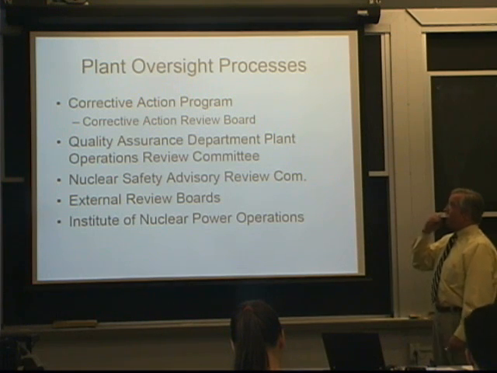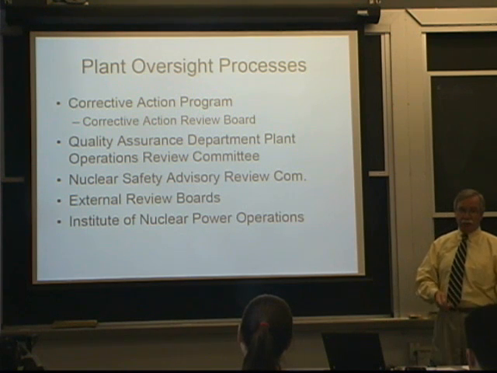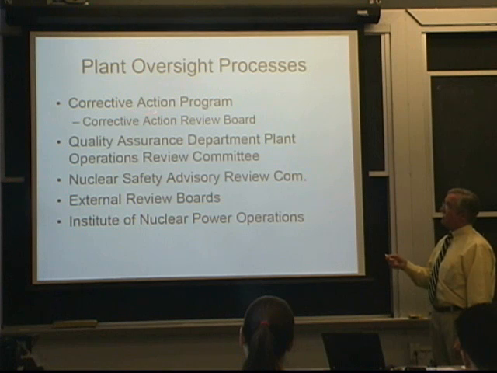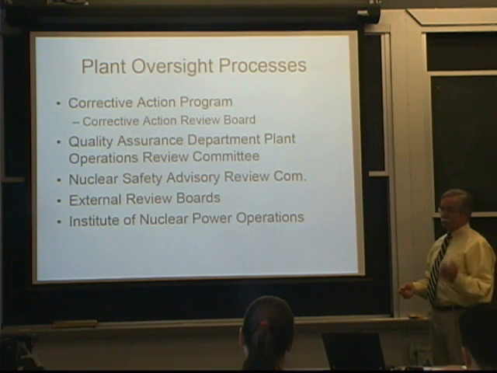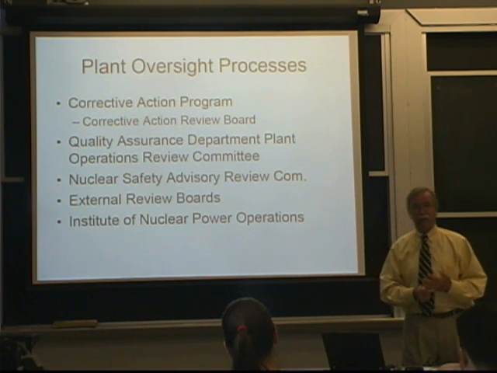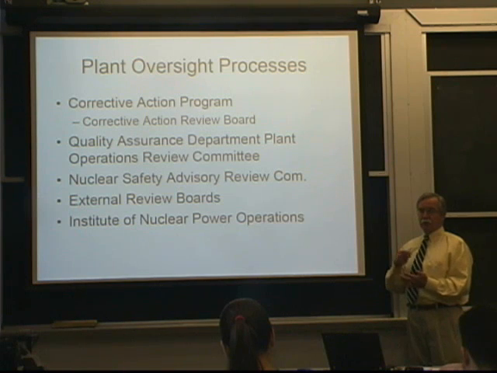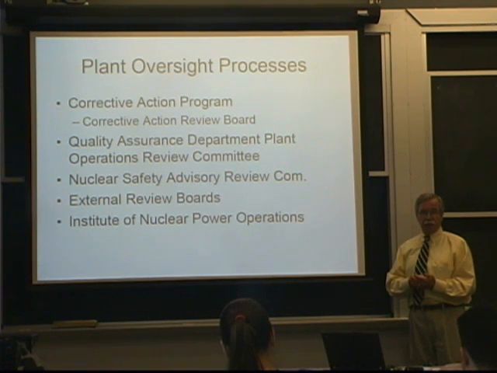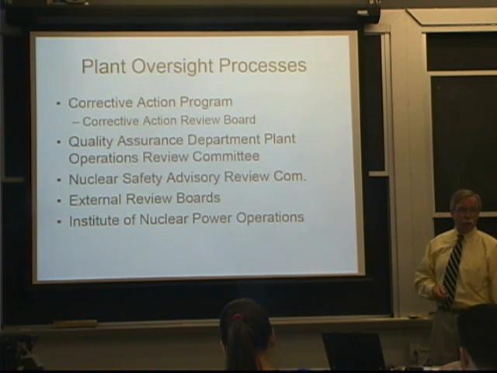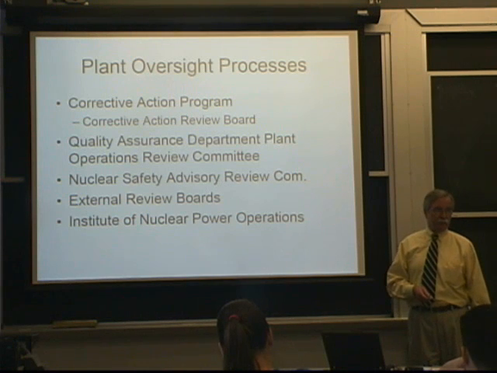Now the oversight process of the plant is a little bit different than that of the NRC. As I mentioned earlier, they have a corrective action program, which says anytime you find a discrepancy, any deficiency, anything out of the ordinary, all employees are encouraged to write this up into the corrective action program. And you write what is called a condition report. And there could be thousands of condition reports every year.